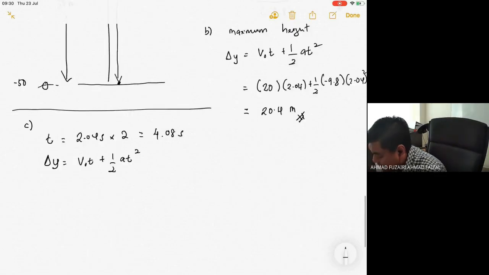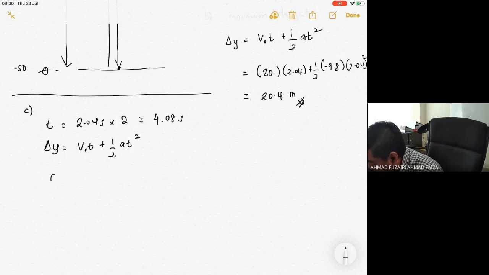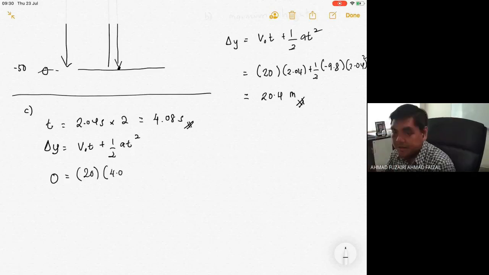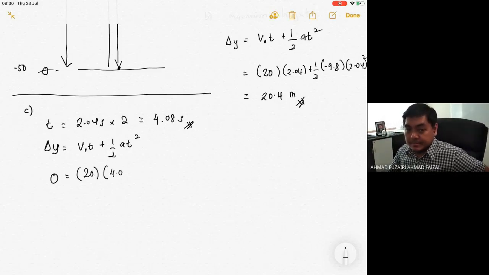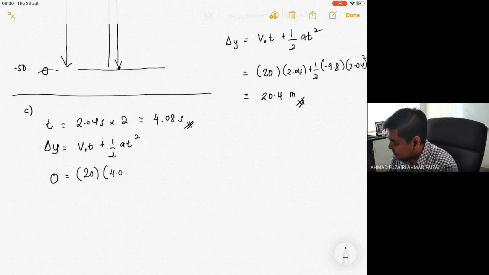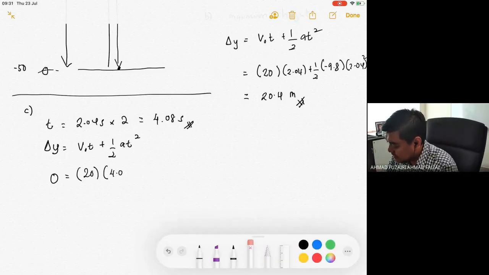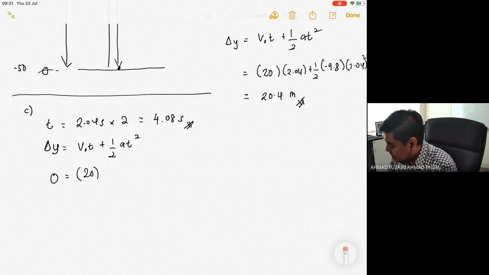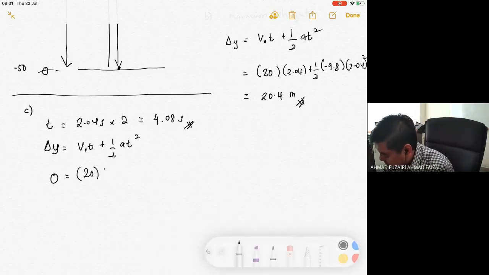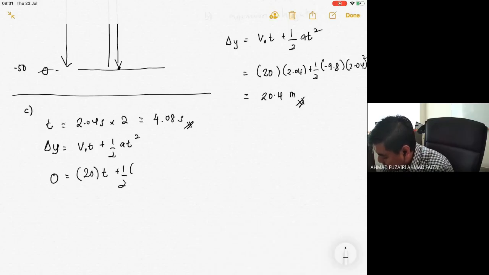So delta y dari 0 ke 0, kosong equivalent to, ini satu cara, v0 ialah 20 times with t, time needed, biarkan dalam t, tambah dengan half a negatif 9.8 kali t square.